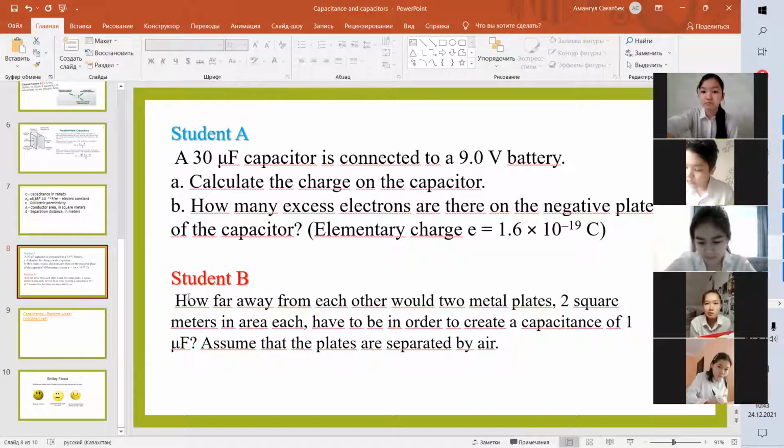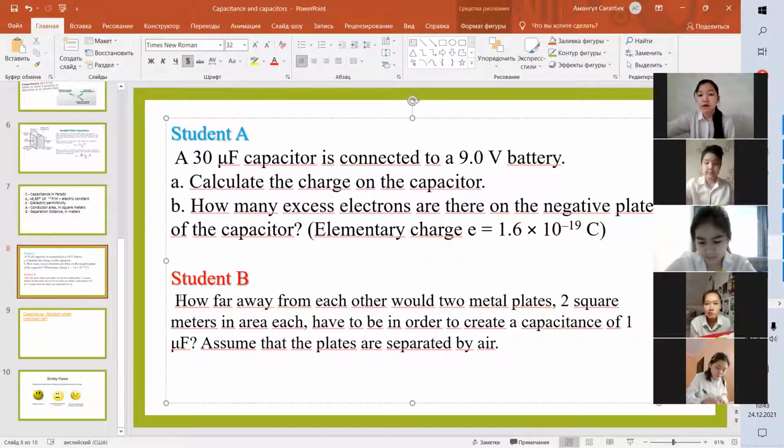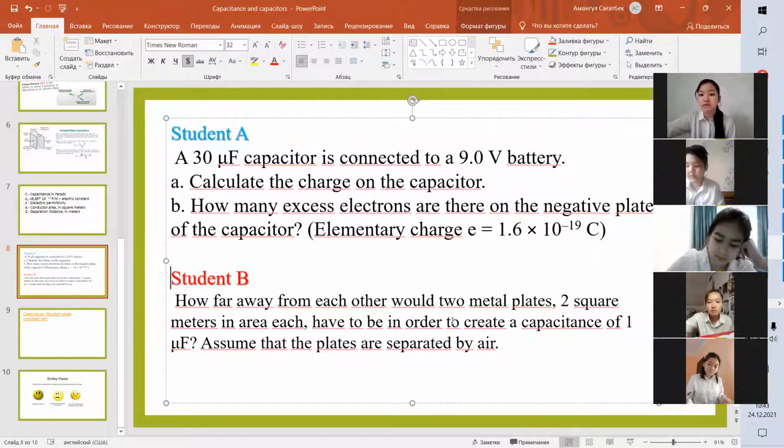Student B: How far away from each other would two metal plates, two square meters in area each, have to be in order to create a capacitance of 1 microfarad? Assume that the plates are separated by air.